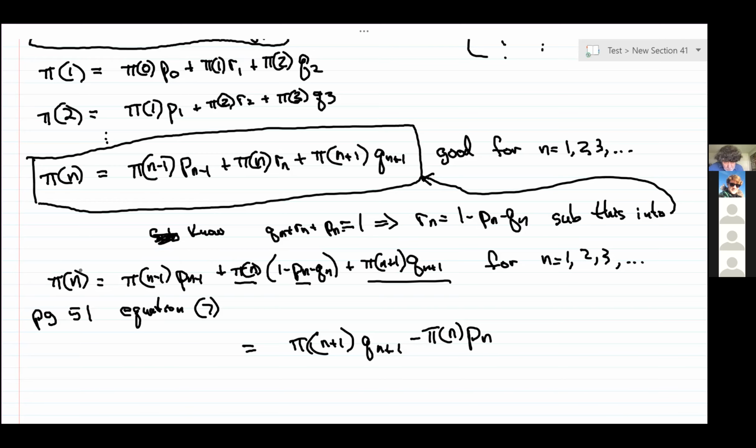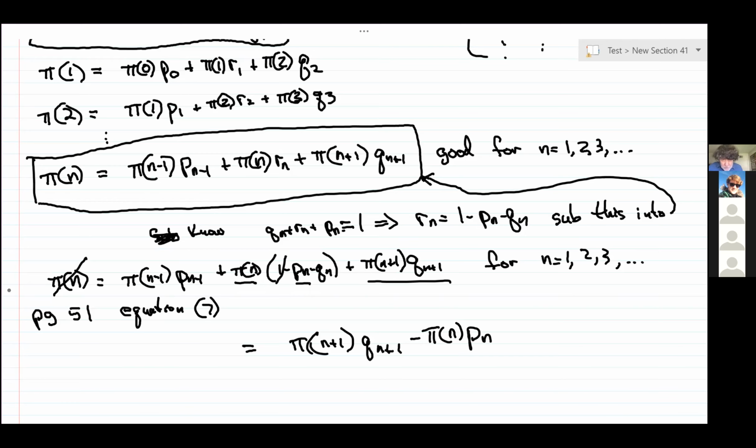So I'll cancel it here and I'll cancel the 1 here. Now that the 1 isn't there, because 1 times pi n just gave you a pi n, and that cancels that. Okay, so now there are how many terms? 1, 2, 3, 4, and we've already accounted for 2 of them on the right side.